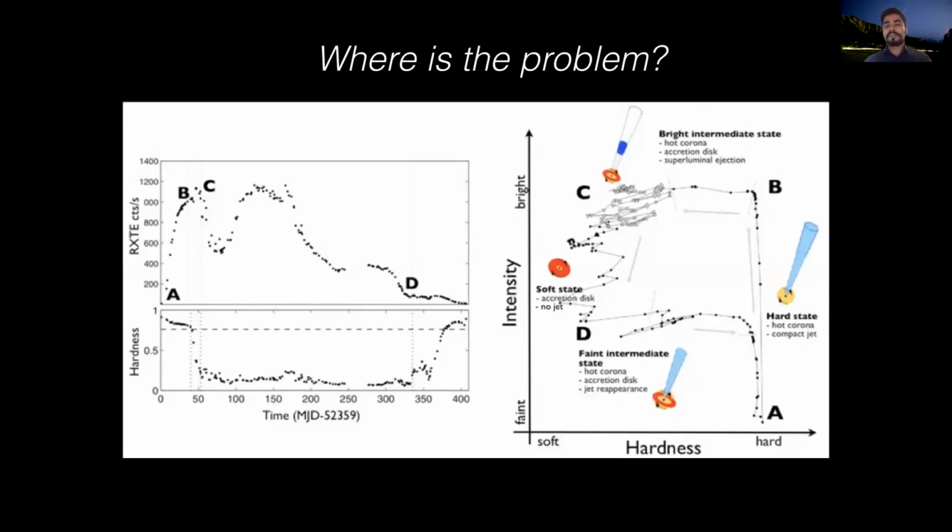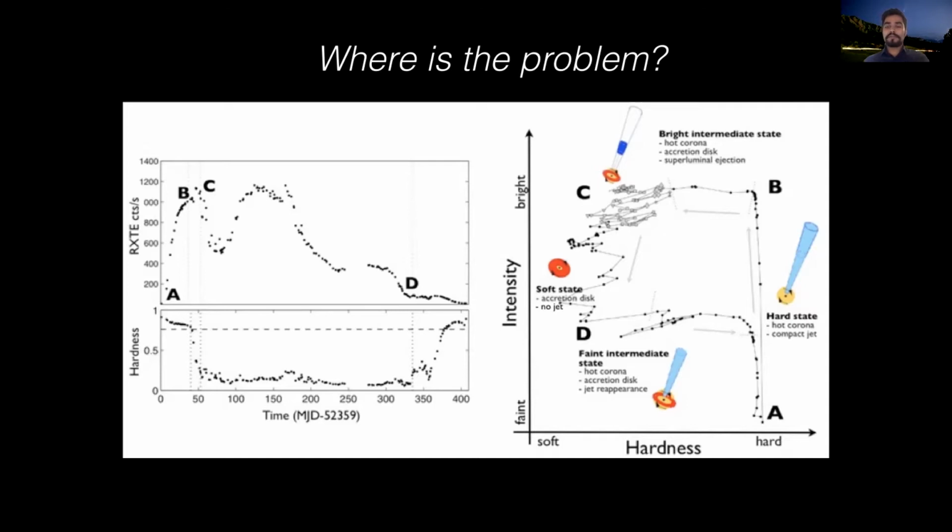The right-hand side plot is a sketch showing how, over time, an accretion disk around a black hole evolves for low mass X-ray binary systems. The horizontal axis here is X-ray hardness, and the y-axis is luminosity, or intensity. Stage A is called quiescence, which means it's a hard state but also very low luminosity.